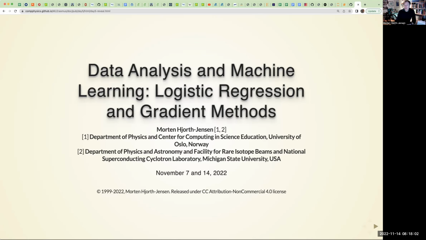Now, this sounds like not a very exciting topic. Gradient optimization and convex optimization problems sound like not exactly a triviality, but not too exciting.